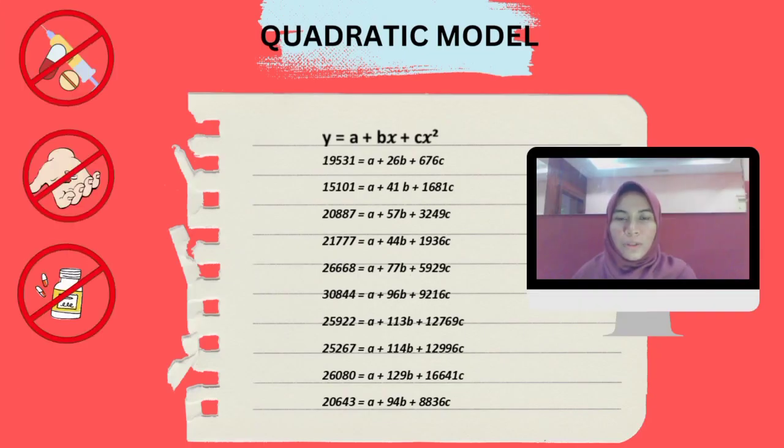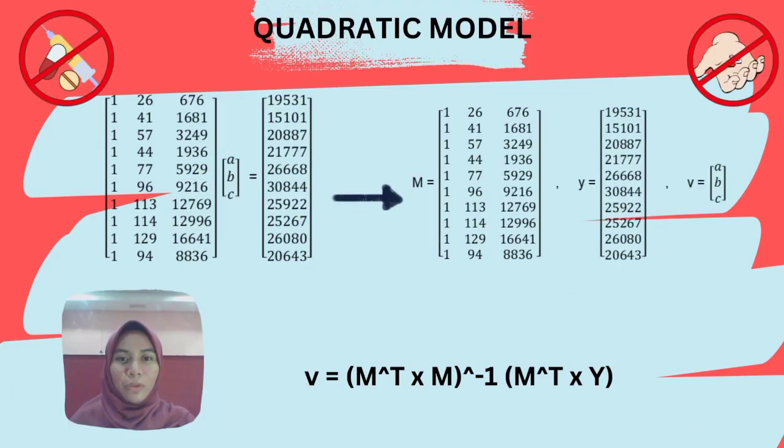The equation for the quadratic model of the best fit curve is y equal to a plus bx plus cx squared. From the equation, we convert to matrix form, which gives us m, y, and v. Then we find the best fit curve using the formula v, which is m transpose multiplied by m, inverse, then multiplied by m transpose multiplied by y.